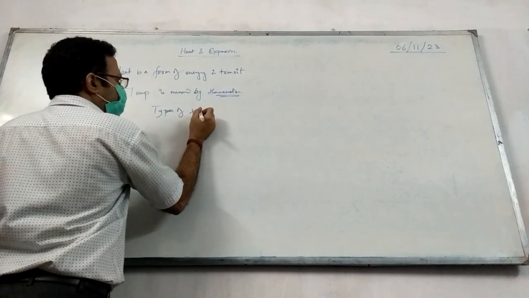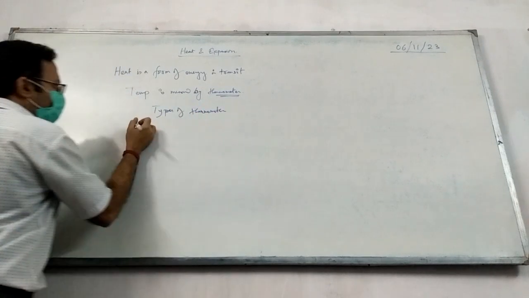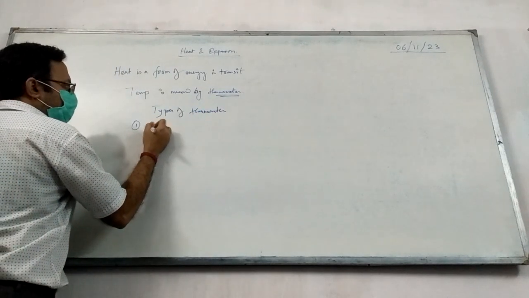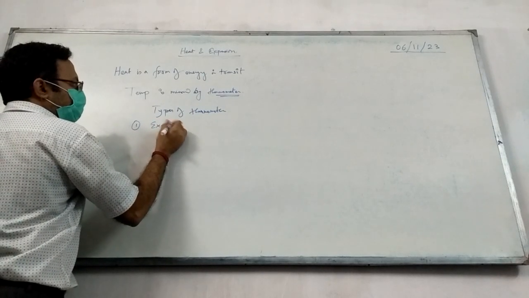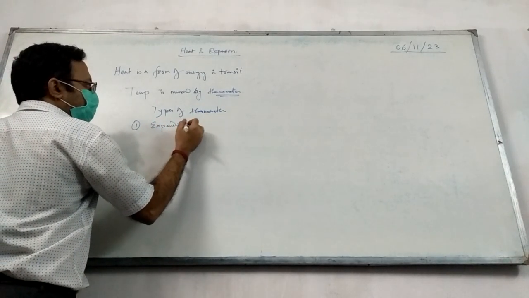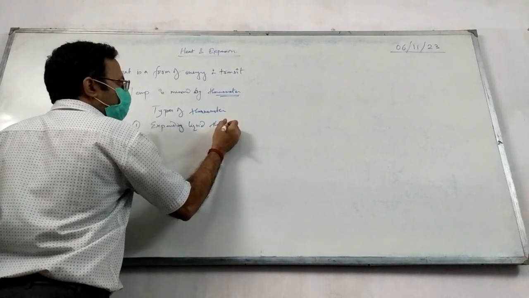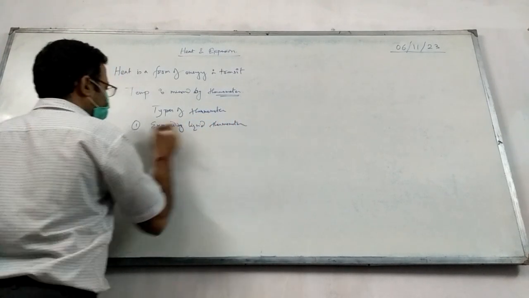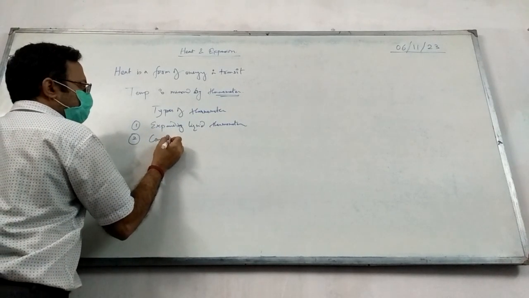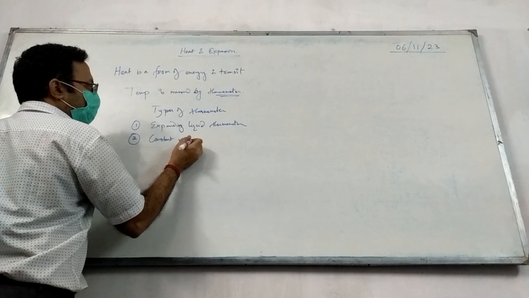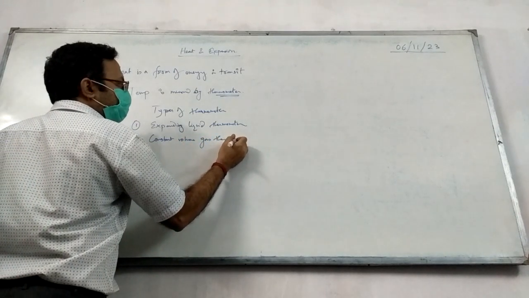Types of thermometer. One, expanding liquid thermometer. Constant volume gas thermometer.